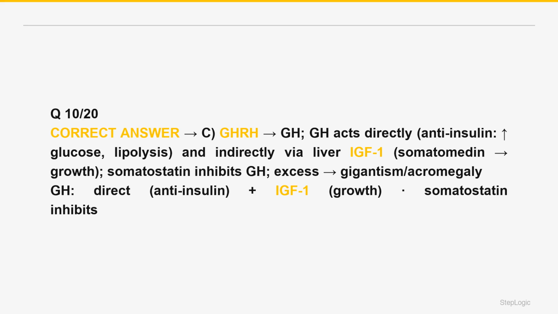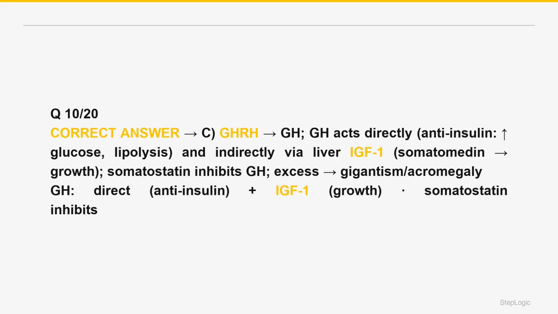GH has direct and indirect effects. Directly, GH is largely anti-insulin, diabetogenic. It raises blood glucose, decreases peripheral glucose uptake, promotes lipolysis, and increases protein synthesis. Indirectly, and this is the key growth mechanism, GH stimulates the liver and other tissues to produce IGF-1, insulin-like growth factor 1, somatomedin C, which is the main mediator of GH's growth-promoting effects on bone, cartilage, and muscle.